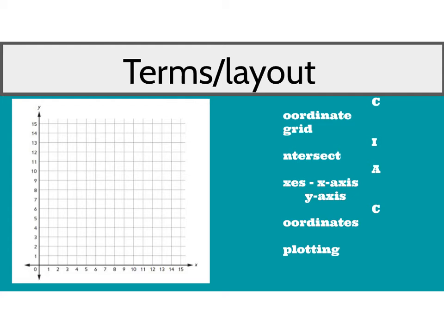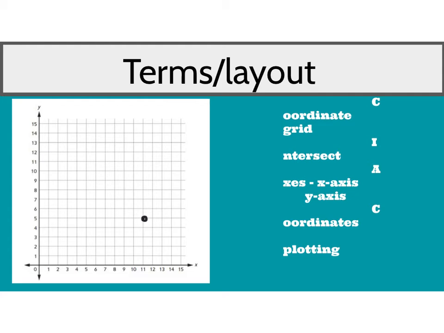If we were to place points on this grid, I could locate certain points just by naming what is called an ordered pair. So if I gave you this point and asked you to tell me where is it located, you would look across the x-axis, which is that bottom line, and you would find that particular point.